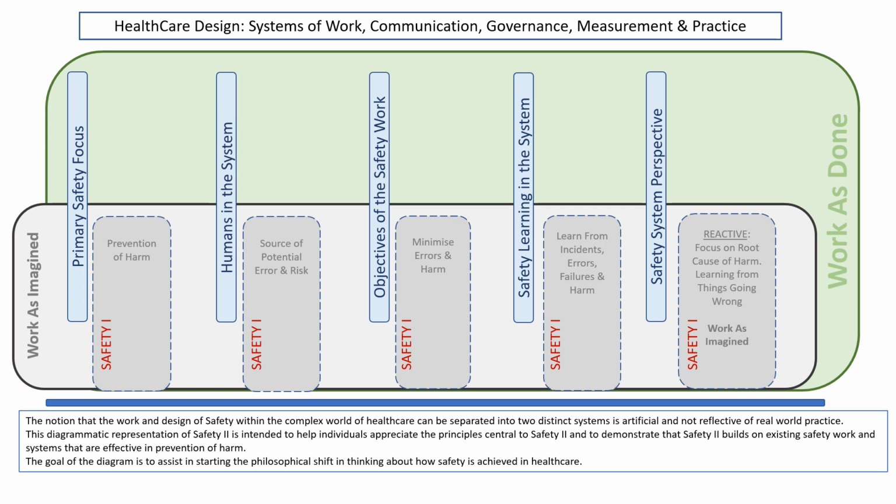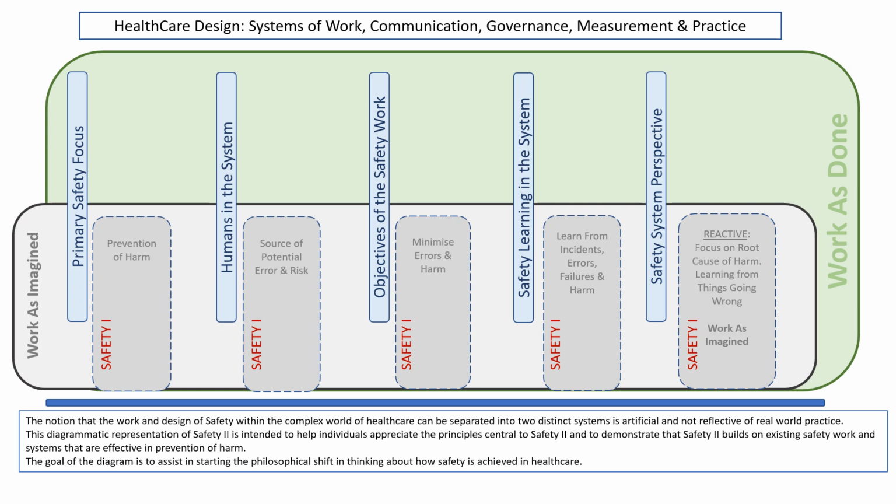The first row here represents contemporary practice and systems design, work as imagined, along the bottom row, which forms the basis of and has influenced the way our systems are designed and how practice is guided. The second row above, work as done, is representation of the realities of everyday work, how that actually occurs in real life, and how it may or may not vary compared to work as imagined.